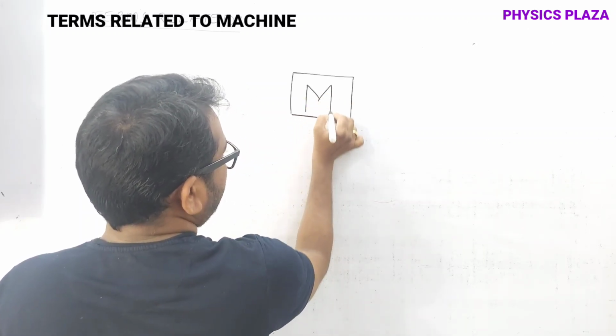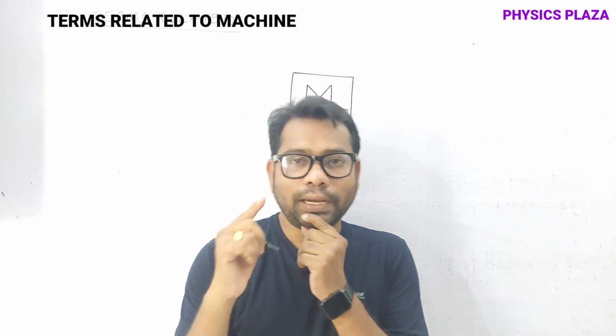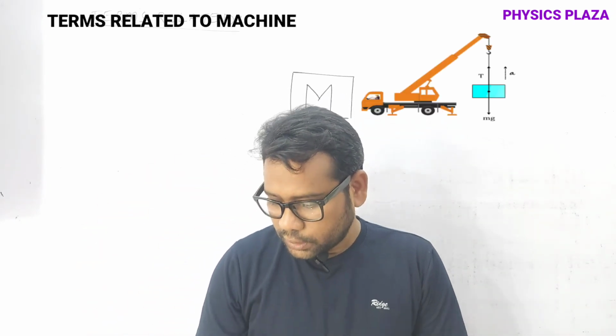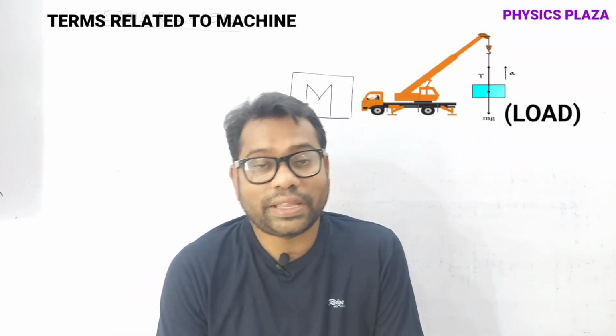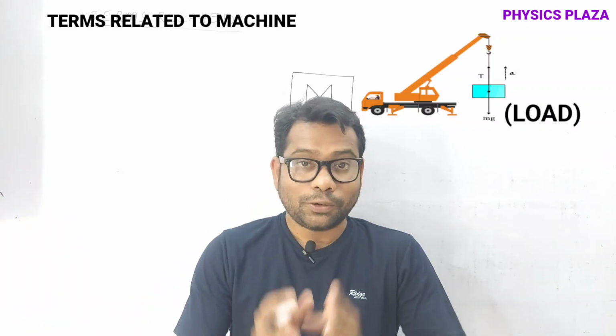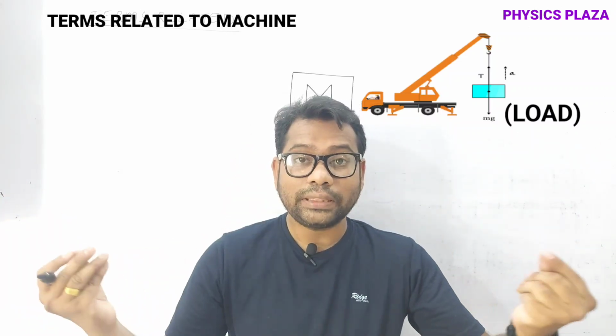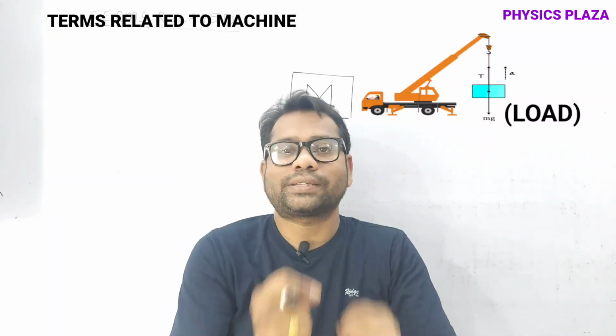M for machine. Children, to understand this, my suggestion is to recall the electric crane which can lift vehicles and heavy weights. Take that example to your mind, then listen, and you can understand 100%.